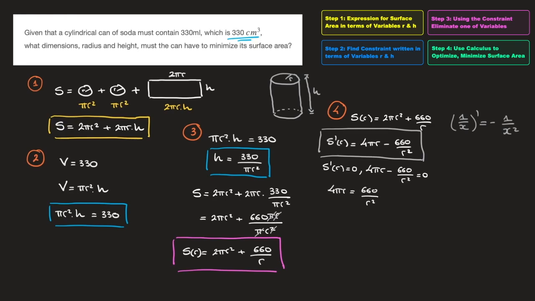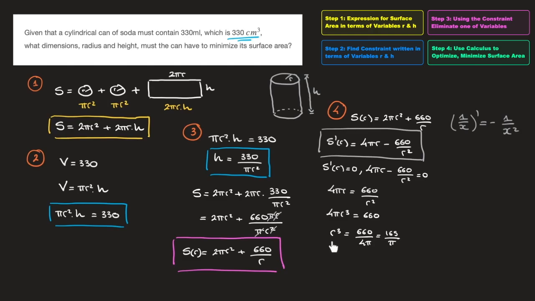I now multiply both sides by r squared, which leads to 4 pi r cubed equals 660. I now divide both sides by 4 pi, which leads to r cubed equals 660 over 4 pi, which we can simplify to say that's equal to 165 over pi.